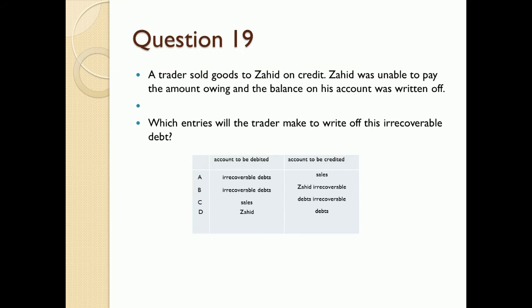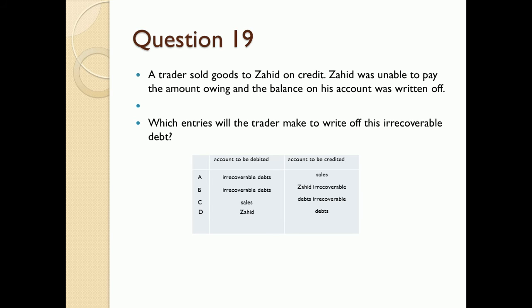Question number 19. A trader sold goods to Zahid on credit. Zahid was unable to pay the amount owing and the balance on his account was written off. So you are the trader, and which entry will you make at the time of writing this off? Zahid is your debtor, that is your asset, and you are decreasing the asset, so you should credit your Zahid account. Irrecoverable bad debts are your expense, and whenever they increase you debit them, using the double entry system.